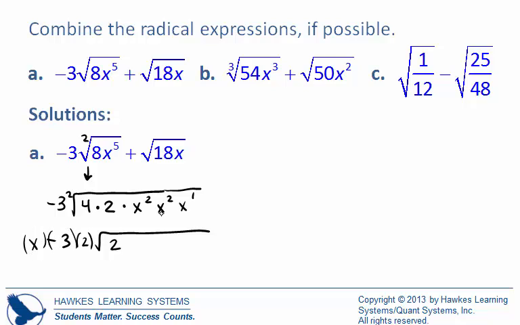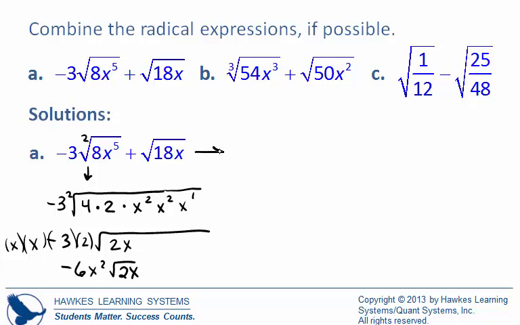The square root of another x squared also becomes an x. And the square root of x to the 1st stays as an x. So let's look at what we have here. We have a negative 6 and 2 x's. That's going to make x squared on the square root of 2x.